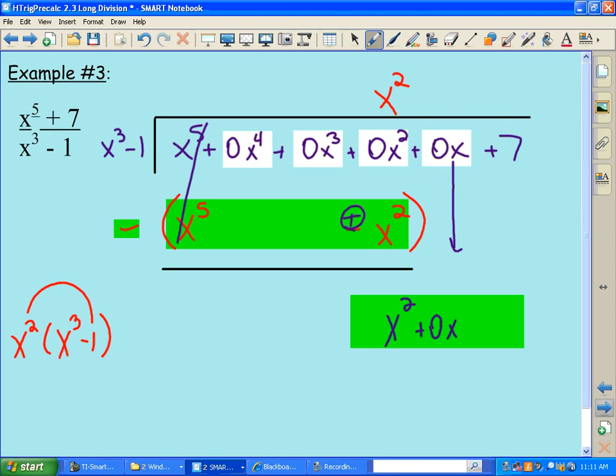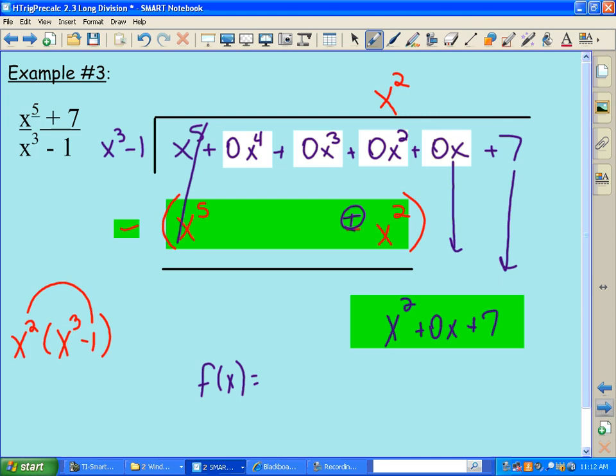So is there anything else? No. So when this exponent is bigger than my remainder, you're done with the problem. Don't forget the plus 7, because that's still part of it. But I can't break it down any further, because what I was dividing with is too big to break x squared down. So right here is the remainder.